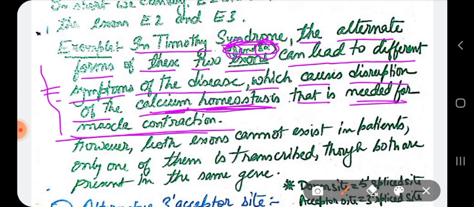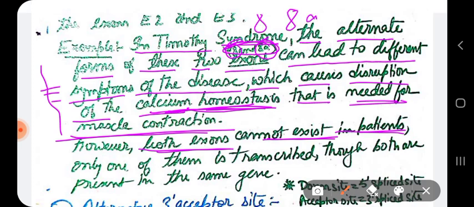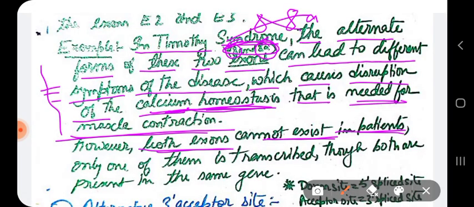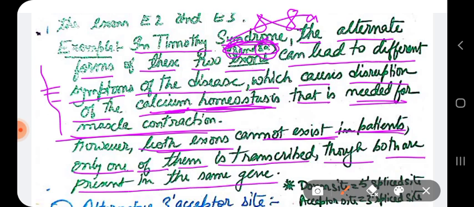But according to mutually exclusive exons, both exons cannot exist in a patient. Both exon number 8 and exon 8A will not exist together. Either exon 8 will remain or 8A will remain. So only one of them is transcribed, though both are present in the same gene.